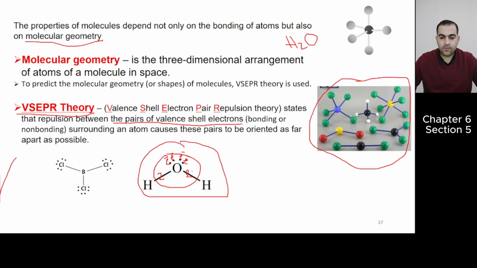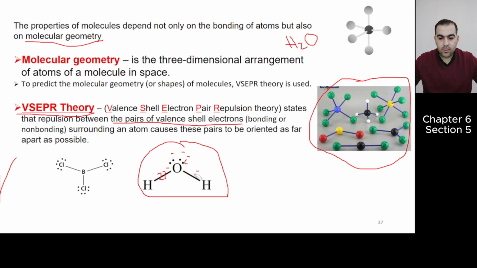Here also we have two electrons. These are electrons. Between these electrons there's repulsion, because they are negative.